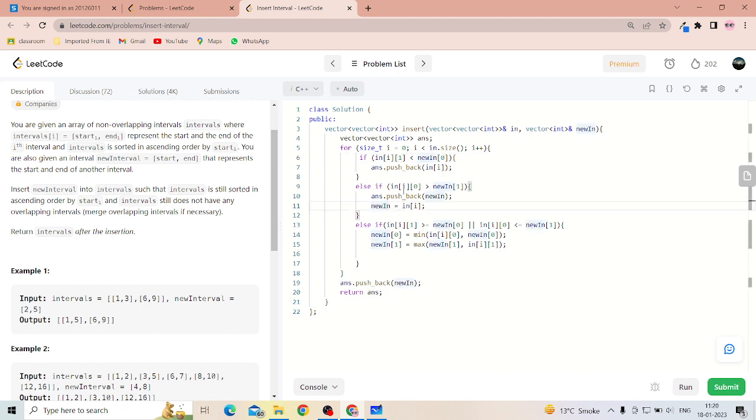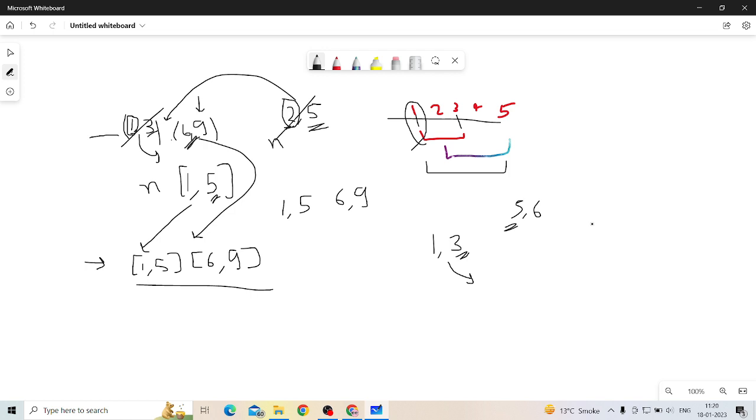Now if we are at which index, if its starting position is greater than new interval's ending position. Let's say new interval is 2 to 3, and we are at first index, its value is 5 to 6.